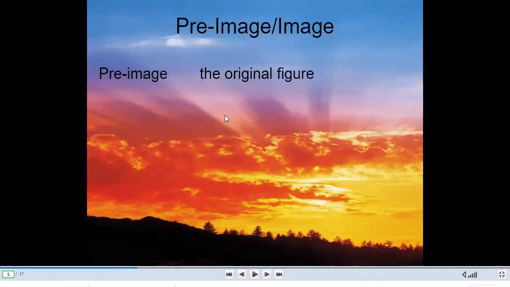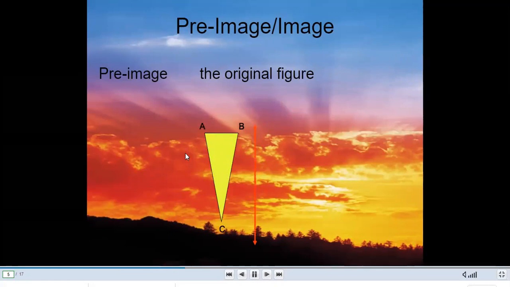Miss Howard, I have a question. Yeah. Is the pre-image the one that's copied? It's in front of you. Close your eyes and open them in the same moment. Pre-image is what? The original figure. Okay, so the pre-image is the original figure.